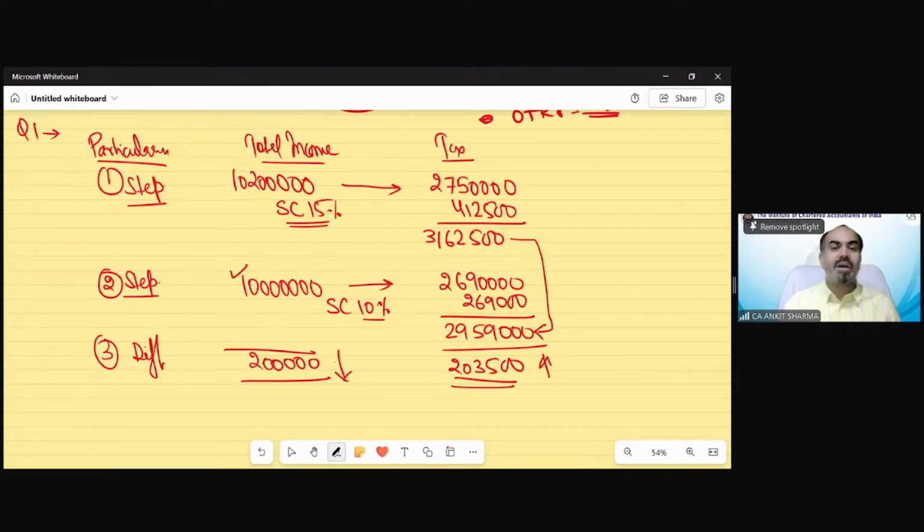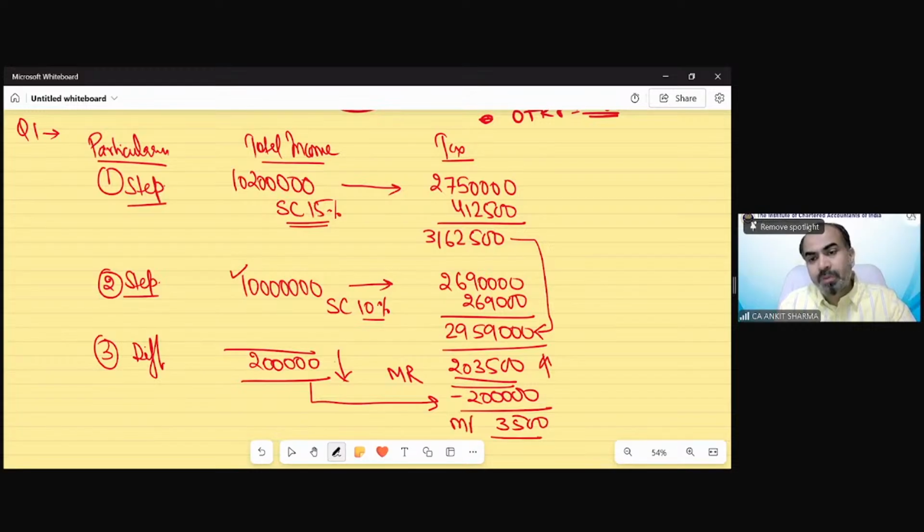This is the concept in which marginal relief needs to be applicable. How will we find out the marginal relief? The difference of income needs to be reduced from the difference of tax. So 3,500 would be your marginal relief. This 3,500 rupees needs to be reduced from your earlier tax.